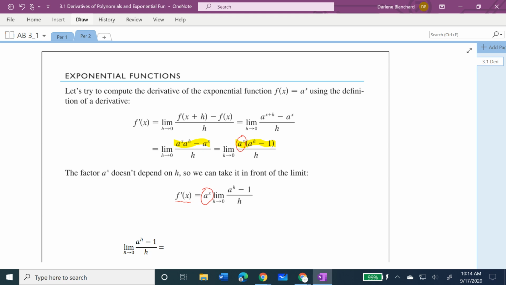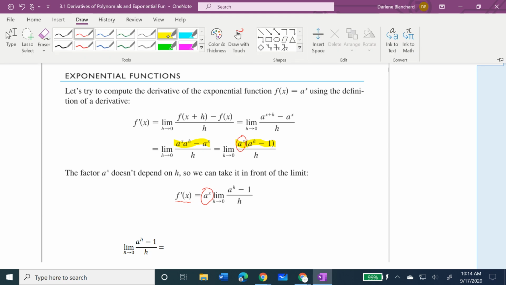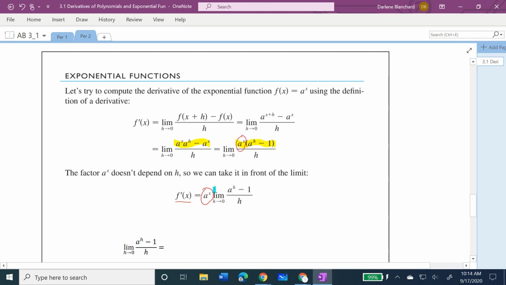However, this limit is a little bit harder to work with. So what I have set up is a Desmos play thing for looking at this limit.